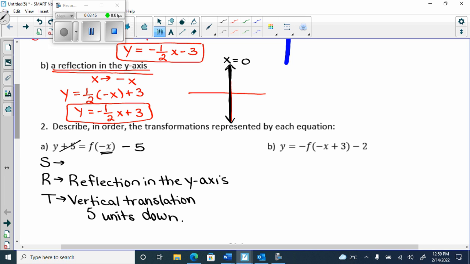What do we currently have in front of our x value? A -1. So I'm actually going to have to GCF a -1 out. So I always have to have a +1 in front of my x in order for my horizontal translation to be right. So you all would say horizontal translation 3 left. It's actually 3 to the right. Because I need to have a +1 in front.